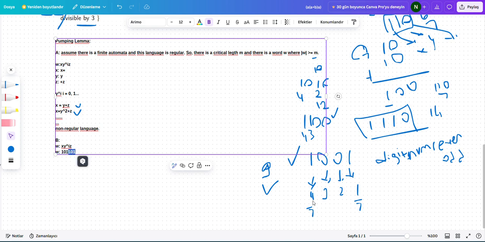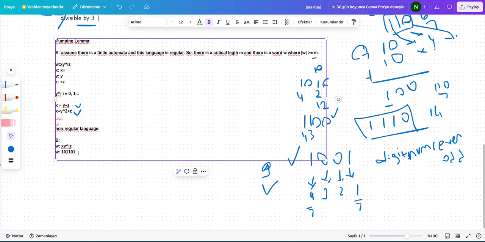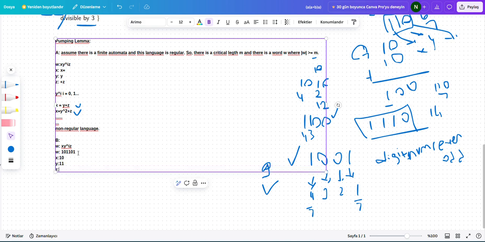It satisfies our divisibility rule, so it's most probably divisible by 3. So let's say x is 10, y is 11, z is 01.